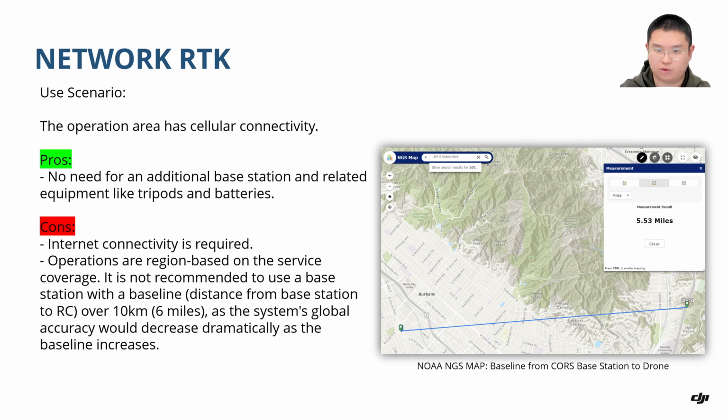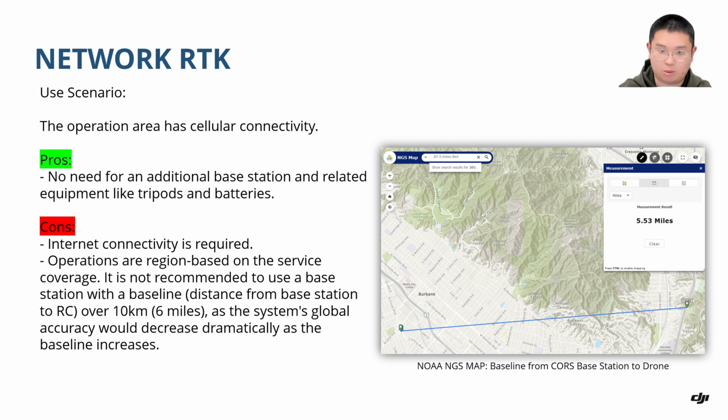So on the right side, I have a base station that is within a network service, and as you can see, it is 5.53 miles away from my operation site, which is okay. However, you may not always have a base station that close to you within that network.